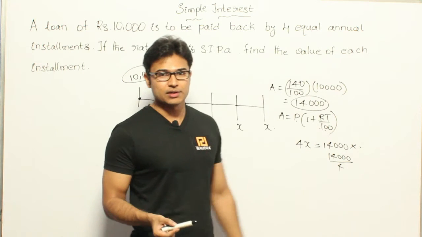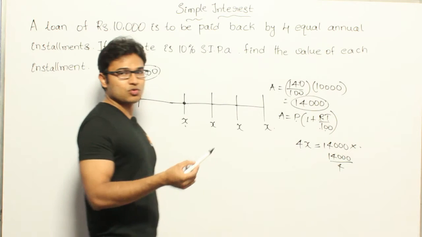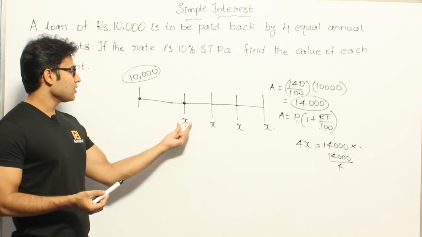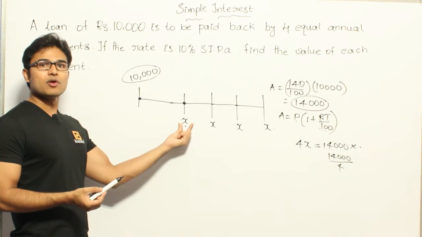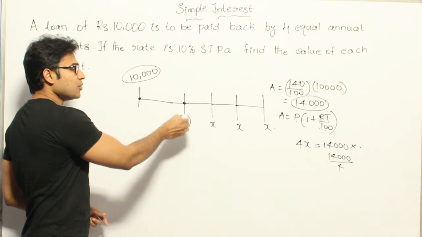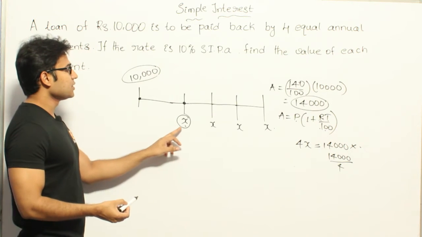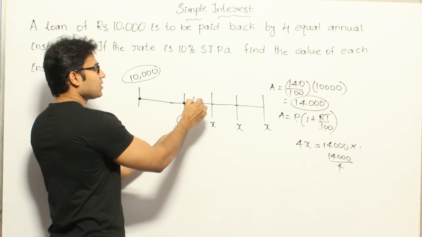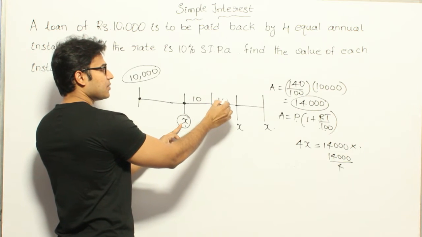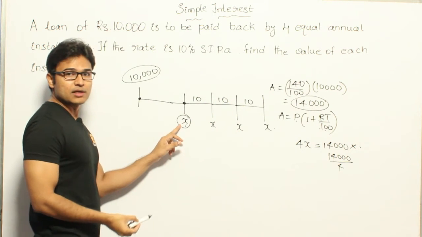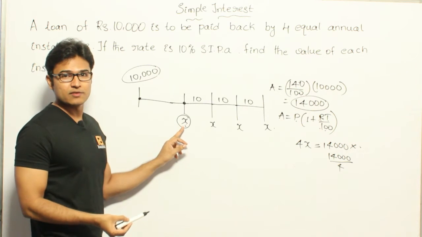Now let's compute it. Now there are many ways of computing it. One way of computing it is, find out what will be the total amount that this X will contribute by the time it reaches there. Got it? Now if you observe, this X is going to grow at 10%, 10%, 10%, which means by the time it reaches there, it is going to be 130% of the initial value.